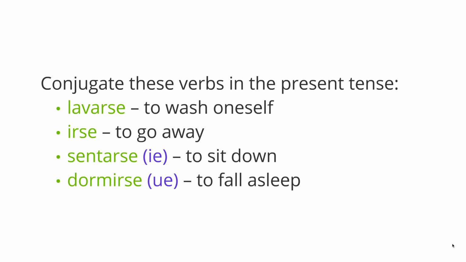I want you to conjugate the verb sentarse. Remember, all of these reflexive verbs have two words there: the conjugated verb plus the reflexive pronoun in front. Dormir means to sleep. When you make it reflexive, dormirse, it means to fall asleep. Dormirse stem changes from O to UE, if you recall. So tell me how to say I fall asleep, you fall asleep, he falls asleep, we fall asleep, and they fall asleep.